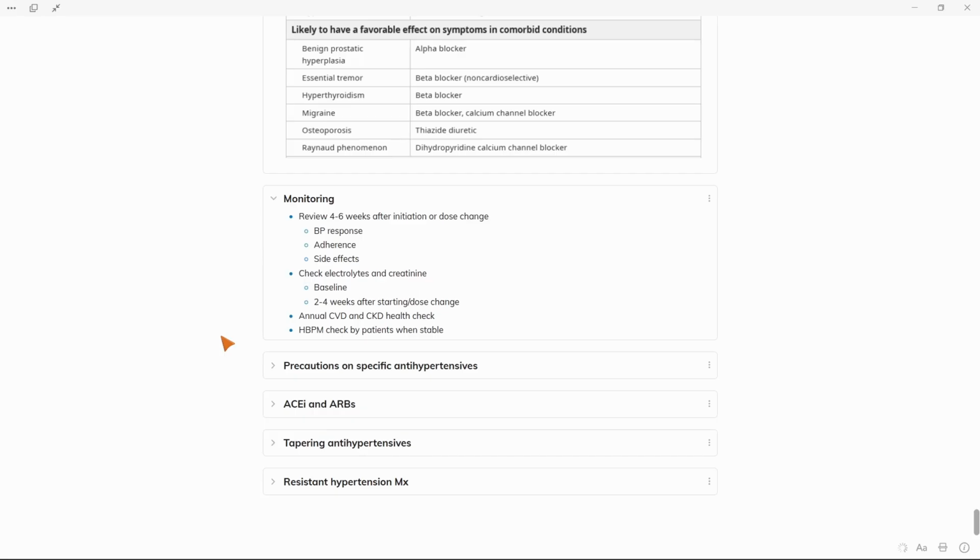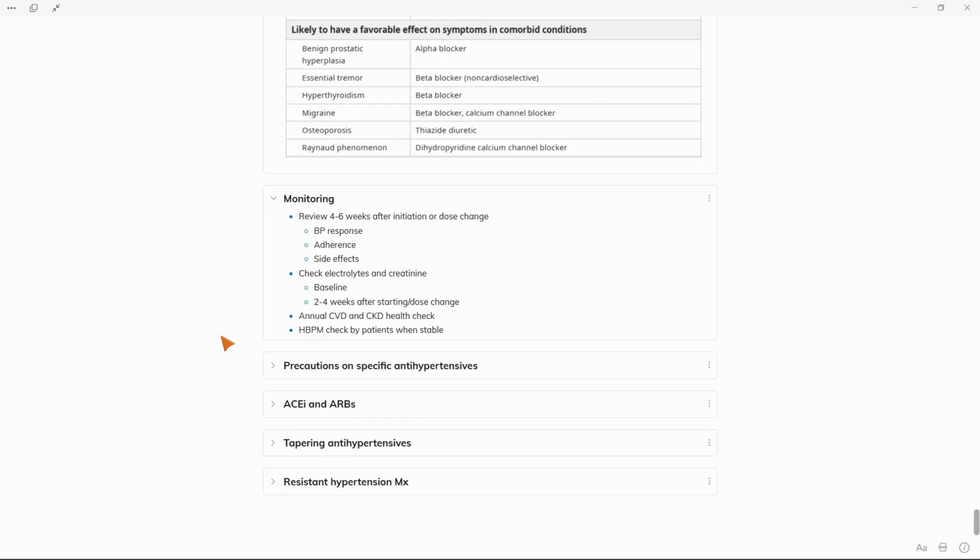So monitoring. Once we start the patient on a blood pressure medication or we change the dose, we review them 4 to 6 weeks later. We assess their BP response, so the efficacy, we assess the adherence, and we assess any side effects. We want to check electrolytes and creatinine at baseline before they start medications, and then about 2 to 4 weeks after starting or having a dose change.